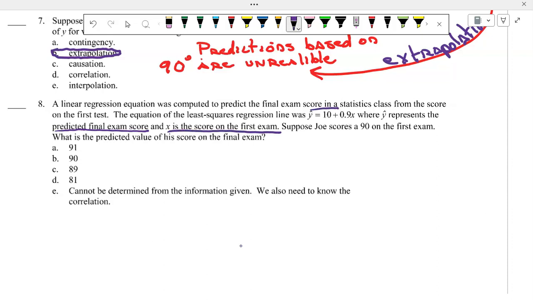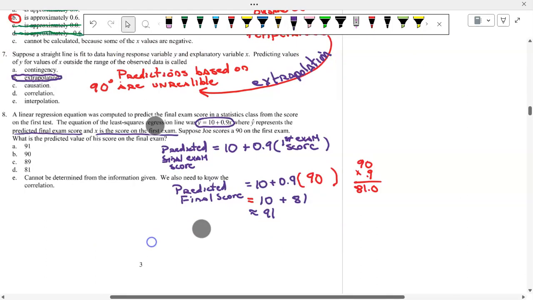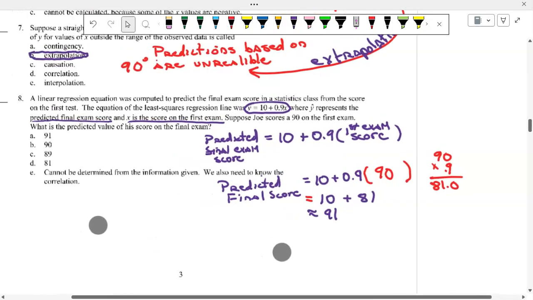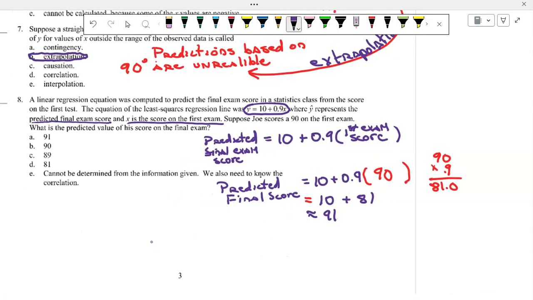So this equation right here would be the same as the predicted final exam score is equal to 10 plus 0.9 times the score on the first exam.